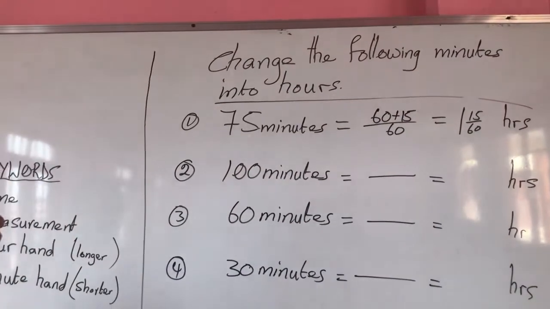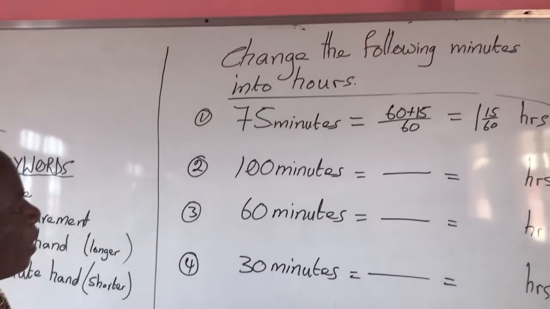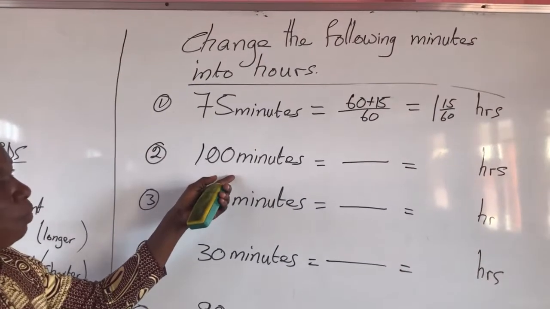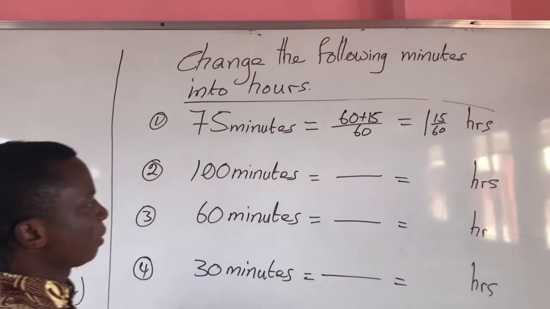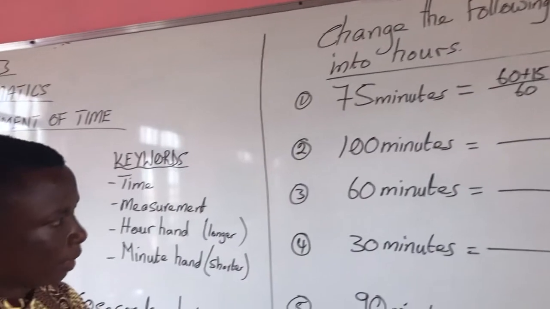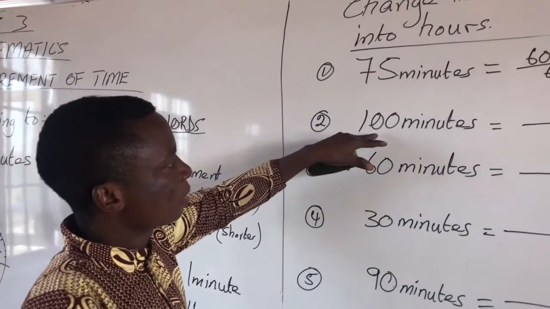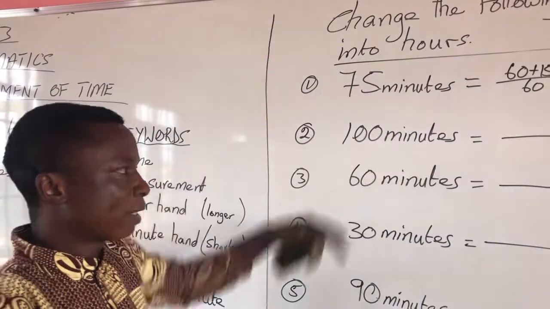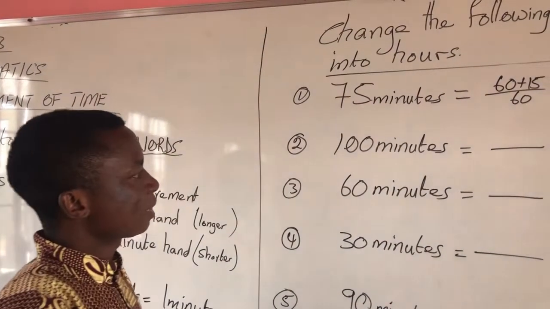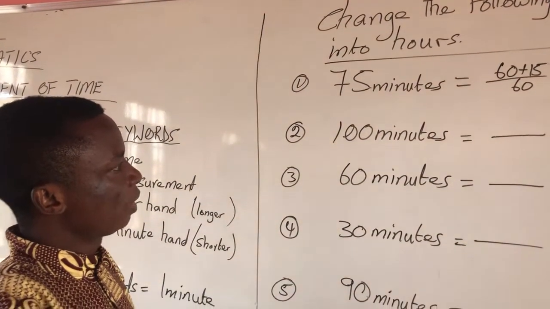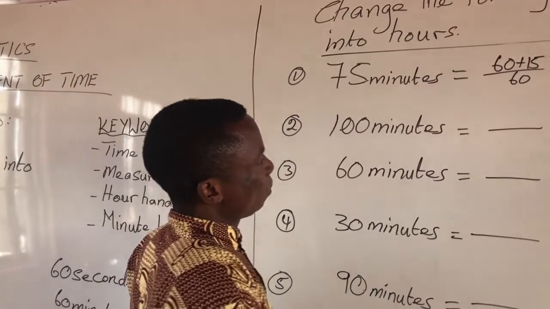When it comes to example 2, 60 plus a number will give you 100. That is what you have to bear in mind. 60 plus what number will give you 100? Is it 30? 30 plus 60 will be 90. 40 plus 60 will be what? 100.